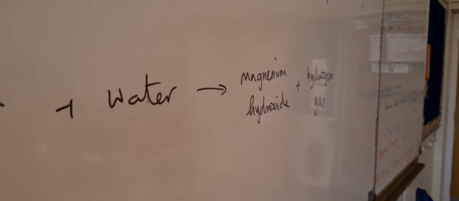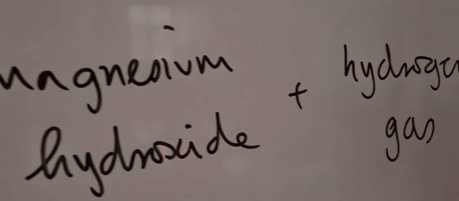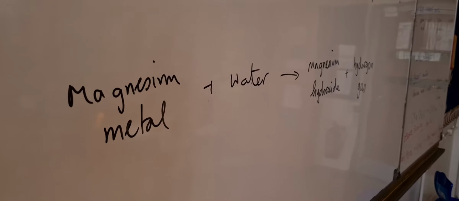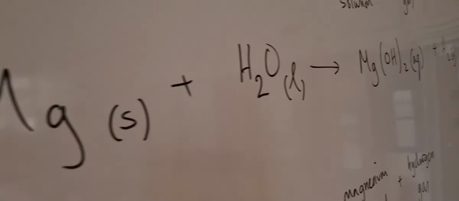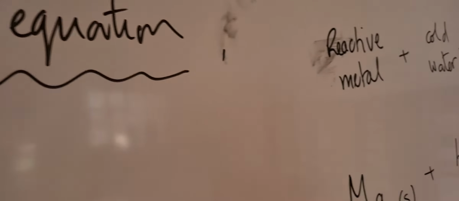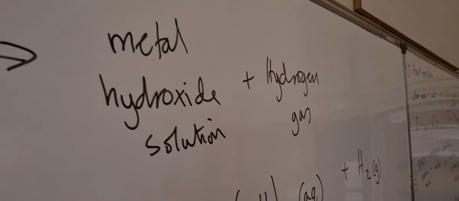Look, it involves words. So word equations involve words, and that's a symbol equation, and general equation tells you generally what's going to happen.